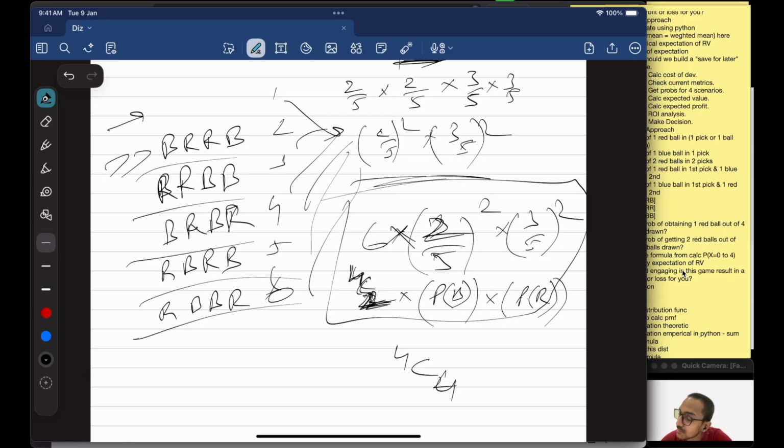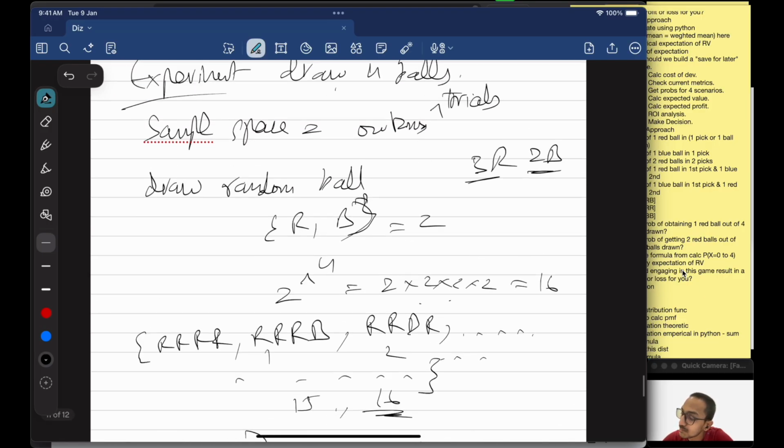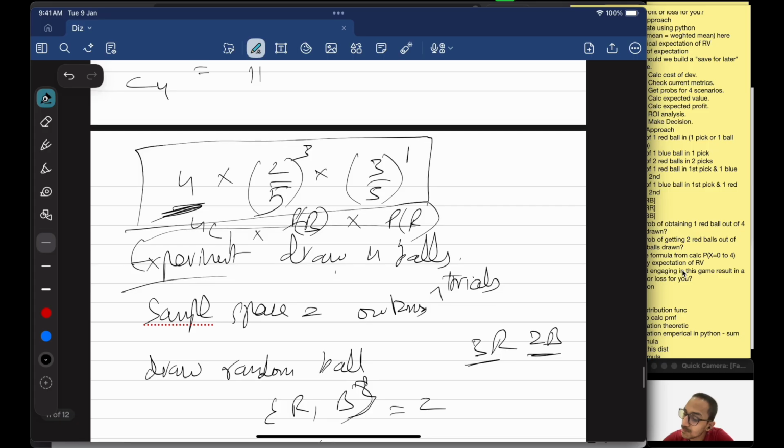We'll see the powers, but as you can see here, we are able to see a pattern. Again, this is 4C1, this is probability of blue, and this is probability of red, right?